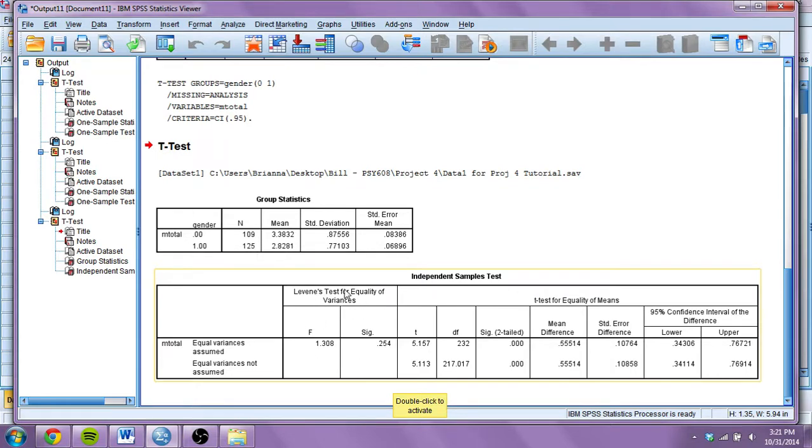Remember that the null hypothesis of Levene's test is that the groups have equal variances. So we kind of want Levene's to be non-significant so we can use pooled variance. In this case, it's not significant. So I would say that we can use equal variance assumed, like the pooled variance, which is in the equal variance assumed line.